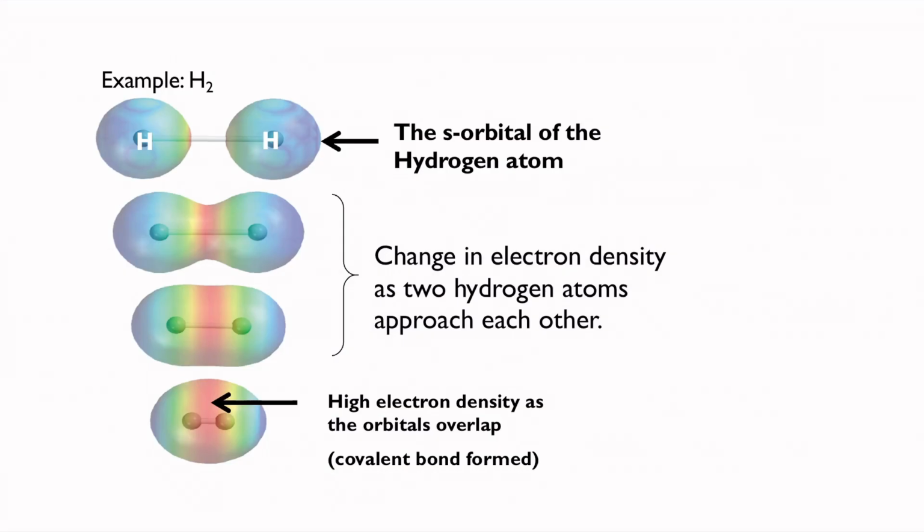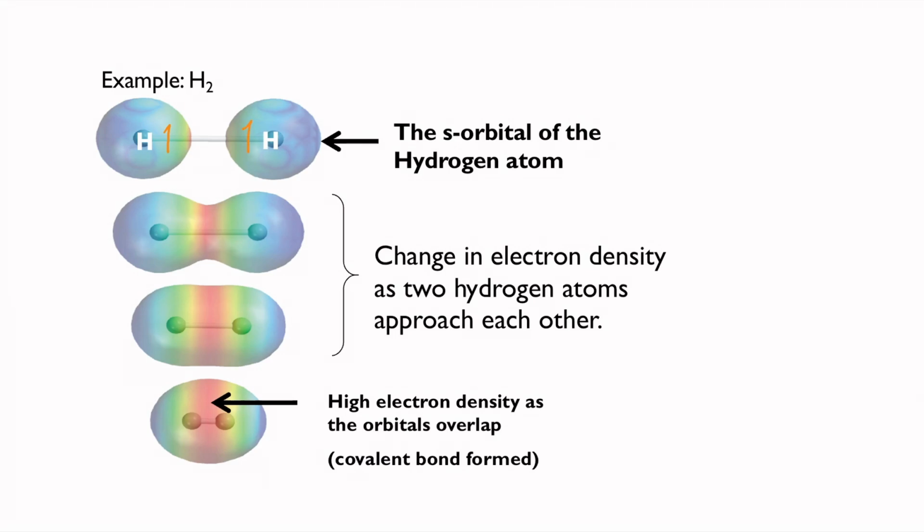In this diagram, this slide, we'll see how a hydrogen molecule is formed. Here we have the 1s orbital of a hydrogen atom, and this is the 1s orbital of the other hydrogen atom. Each 1s orbital has one unpaired electron.